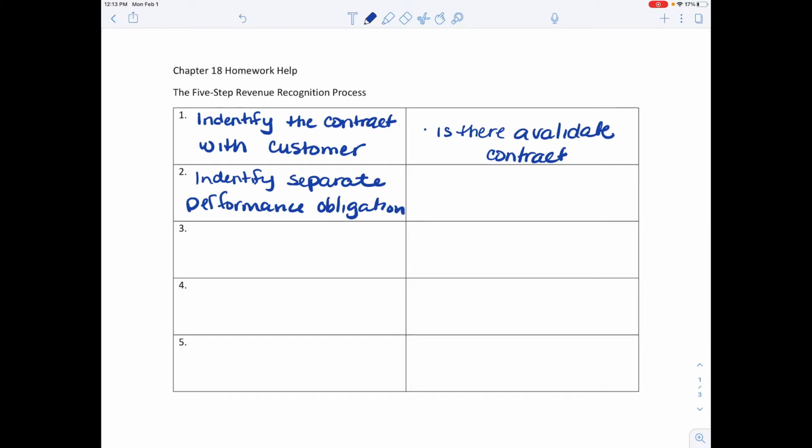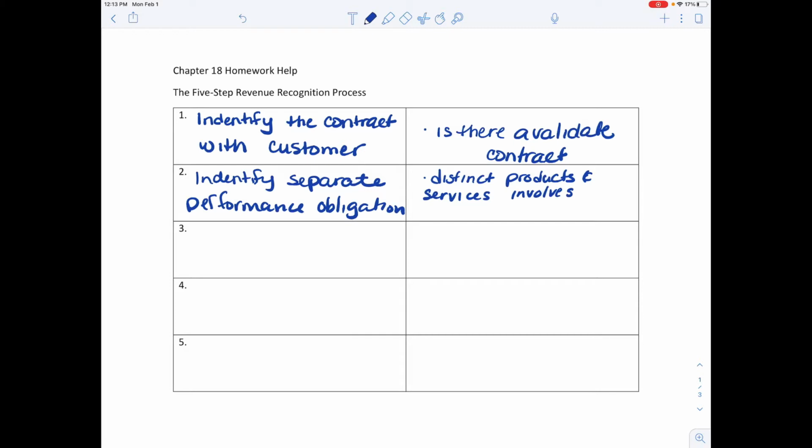If there are distinct products and services involved, we want to look for those. And what I mean by distinct is, can they be sold separately from each other? That tells you whether they're distinct or not and should be allocated differently. So we want to make sure that these are distinct within that contract.